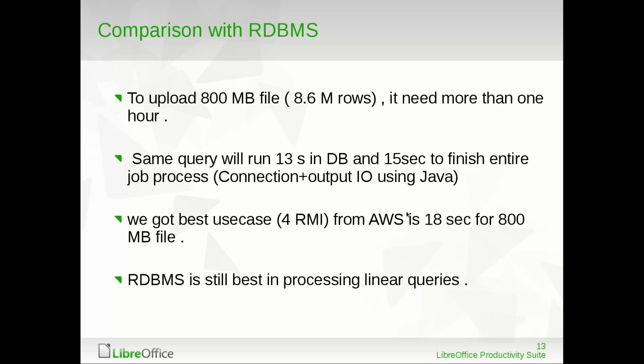It took 13 seconds to run in the DB, and took 15 seconds to finish the entire task, including the connection initialization and writing the upload file. So when you compare the best case, we got it from 4 RMI objects, like a 4 node cluster of Hadoop. We got 18 seconds for the same 800 MB file.